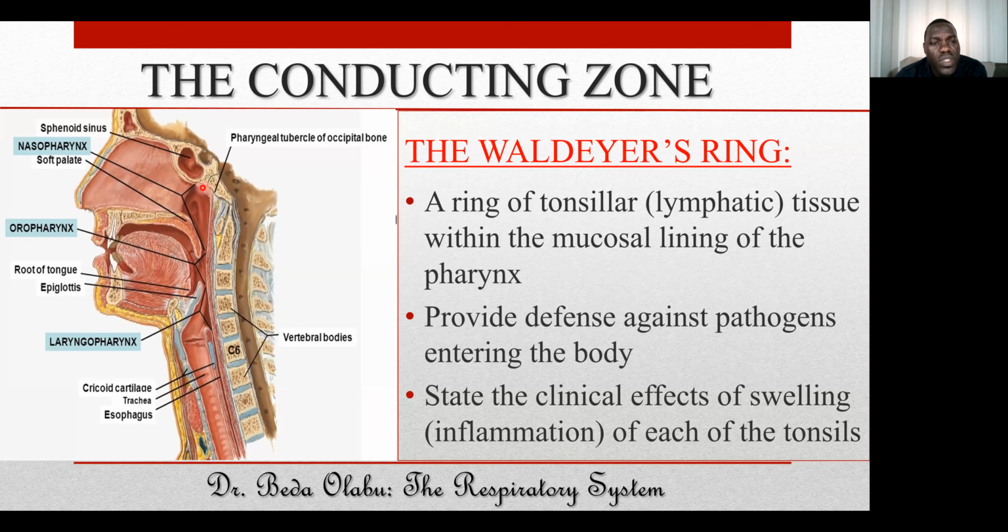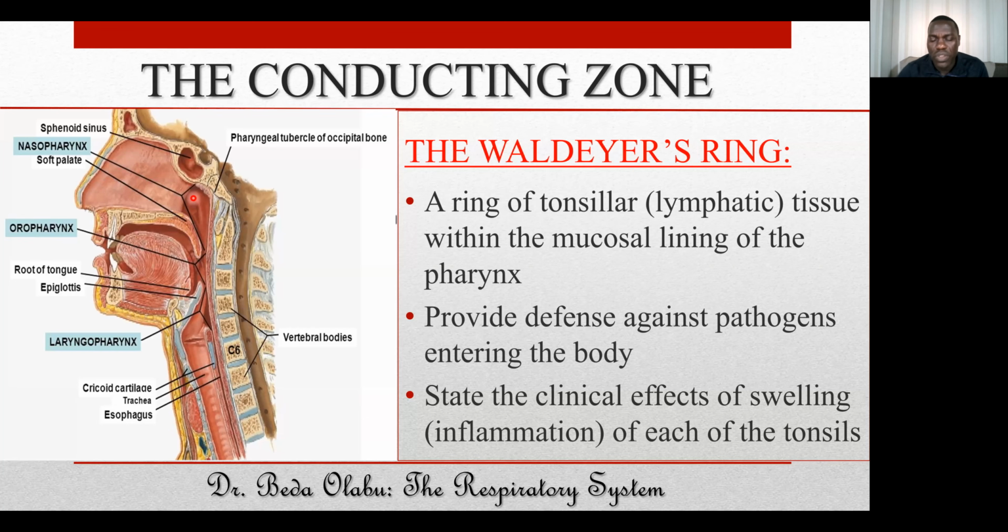Anyway, that is pharyngeal tonsil. The second component of the Waldeyer's ring is located here, around the opening of the auditory tubes. So these ones will be two, the right and the left one. We call them tubal tonsils.